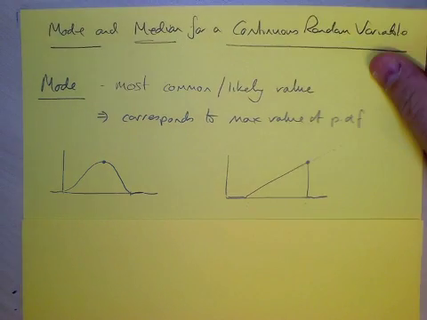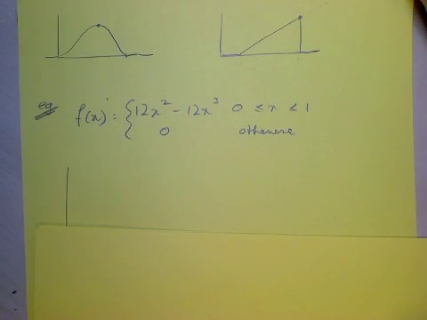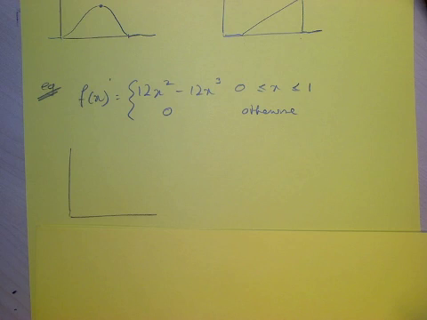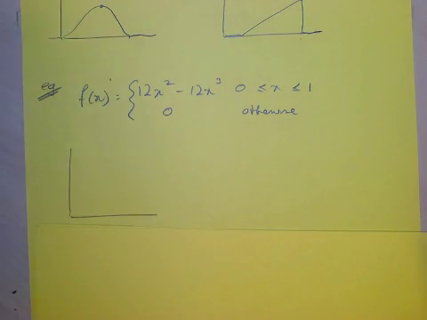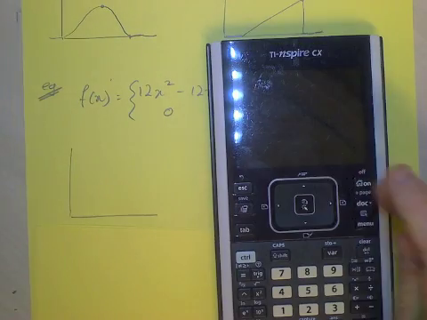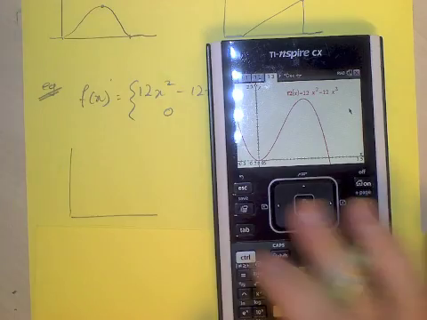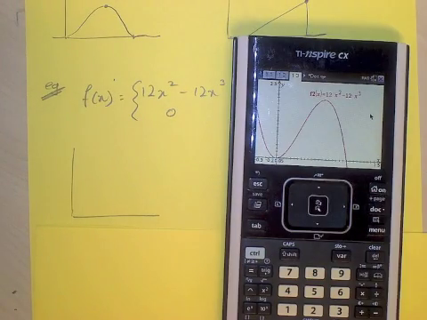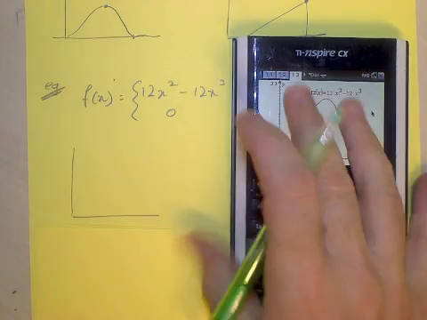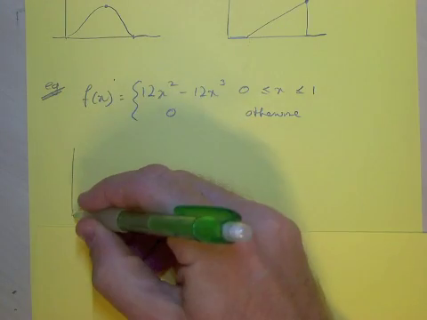If we go on and look at an example, I've got a PDF here, 12x squared minus 12x cubed. Of course, I could sketch that if I chose to. If I've got my calculator handy, then that's going to be the quickest way to have a look at what this is. So I can see that that function looks something like this.